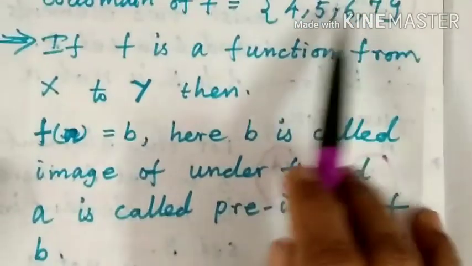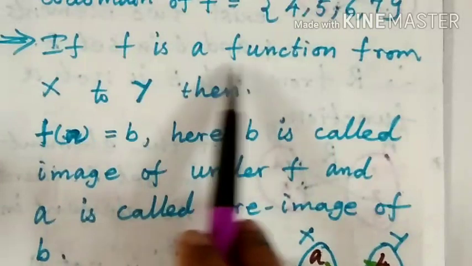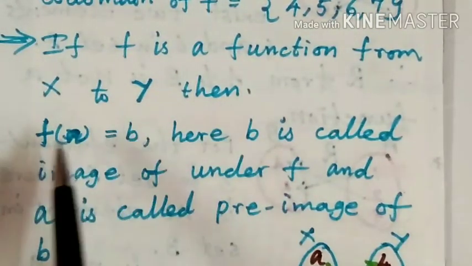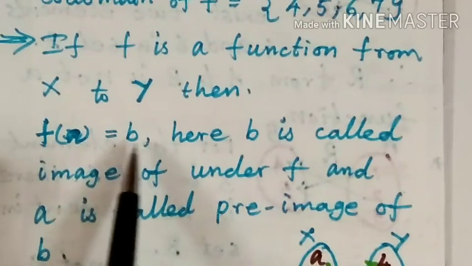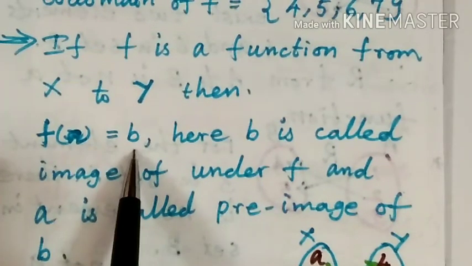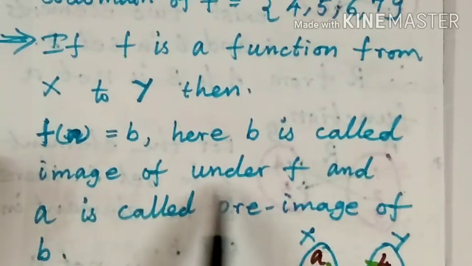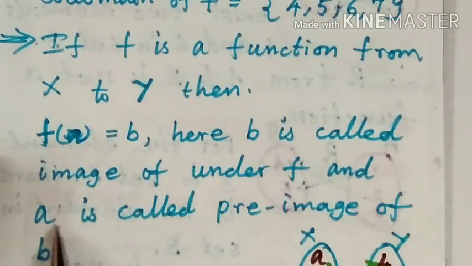Okay, next point, if f is a function from X to Y, then f(a) equals b. Here b is called the image of a under f and a is called the pre-image of b.